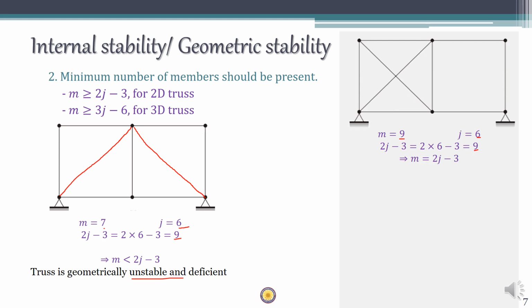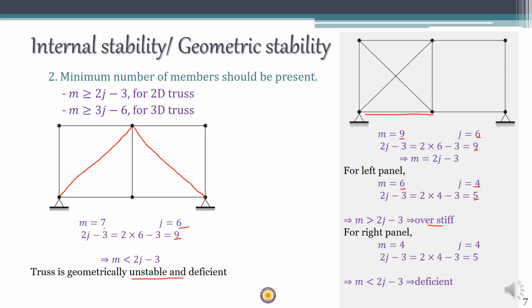However, if you take the left portion only, from here to here, the number of members is 6 and the number of joints is 4, which means that 2j minus 3 will become 5. So here the number of members is greater than 2j minus 3, which means that this particular left side is over stiff.